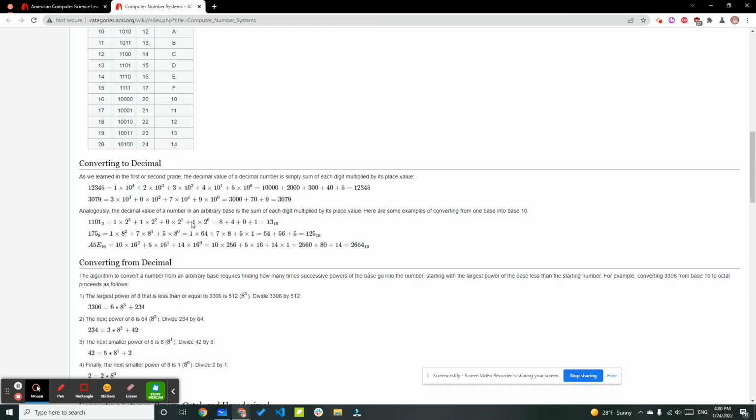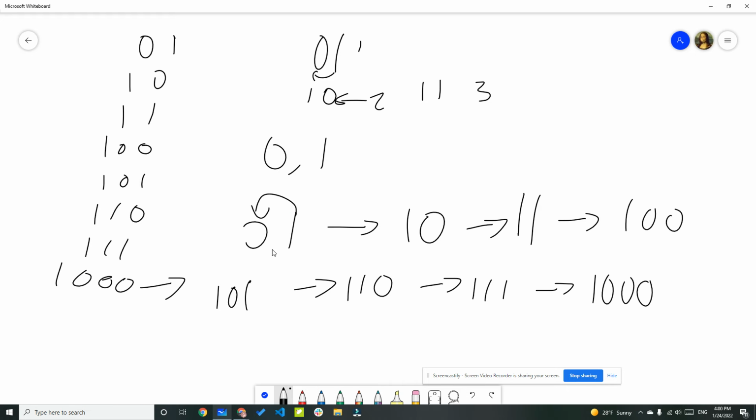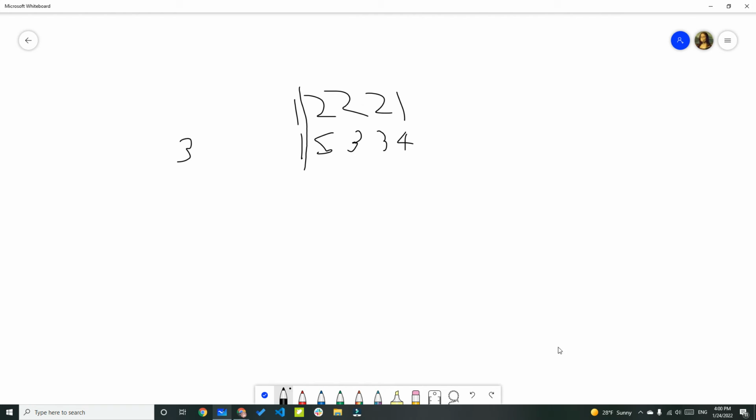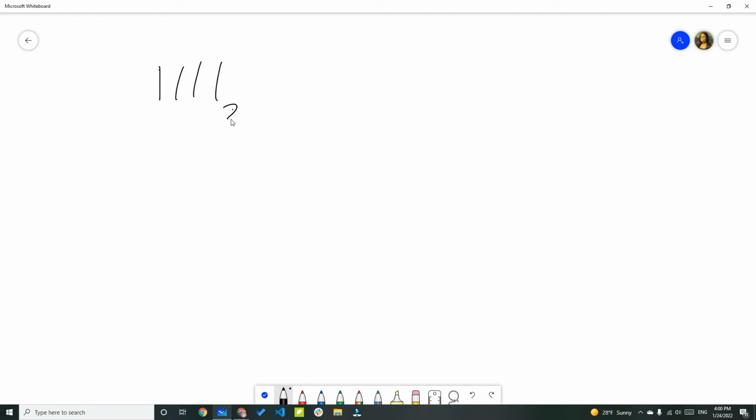It goes from 0 to 3 in this case. For example, we can have the binary number 1111, and we want to convert it to decimal. The place values are 0, 1, 2, and 3.